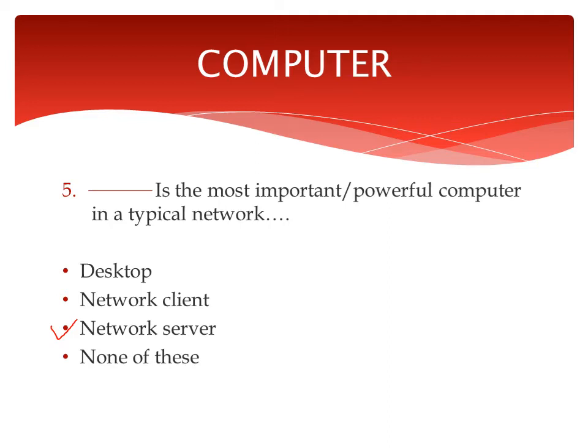Fifth question: which is the most important and powerful computer in a typical network? First, desktop; second, network client; third, network server; fourth, none of these. Correct answer is network server.